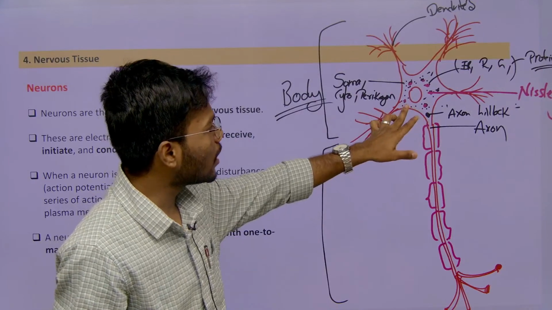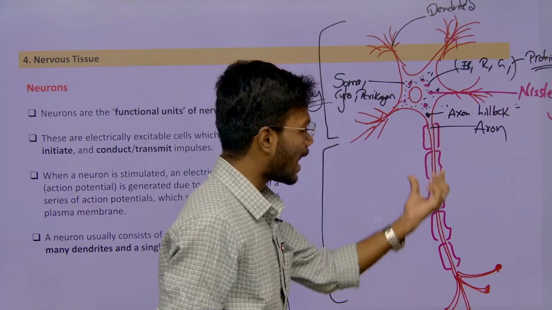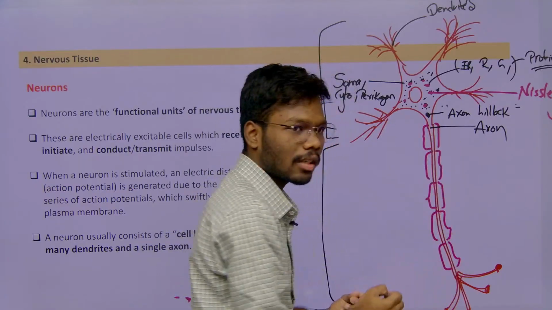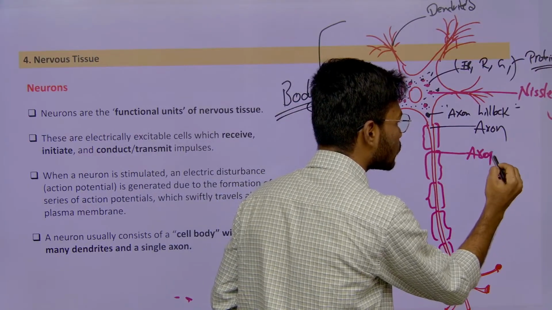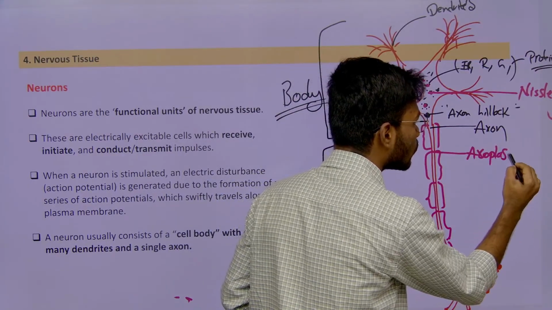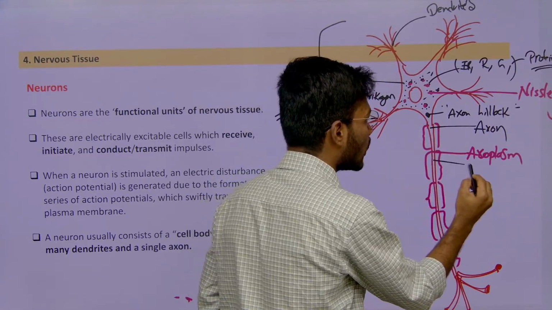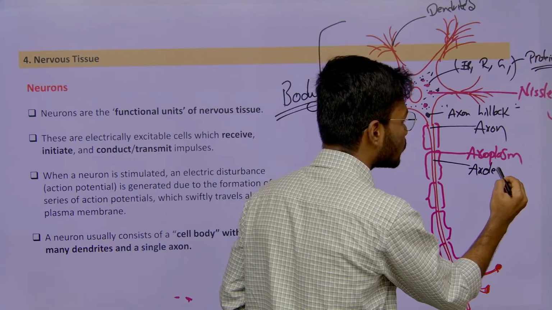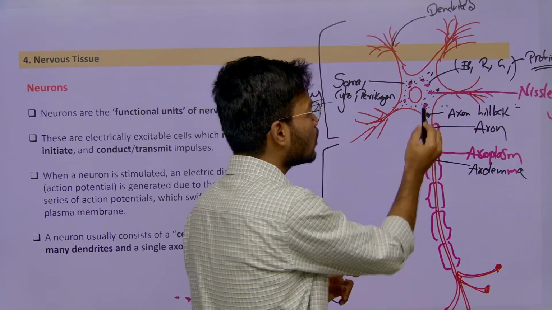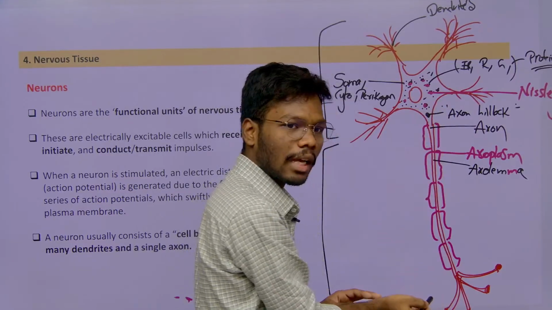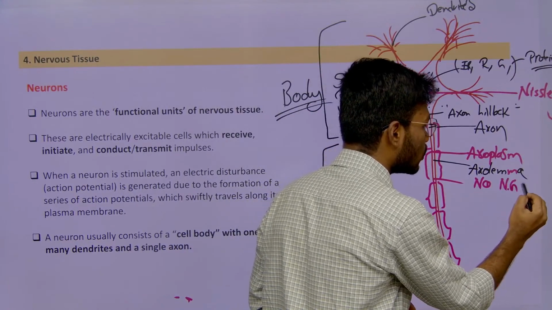That was the cytoplasm of the cell body. Here we have the axon. This axon also has some cytoplasm. That cytoplasm is called what? Axoplasm. And the layer on the membrane of this axon is called the axolemma, right? The same cytoplasm continues into the axon, but here there will be no Nissl granules.